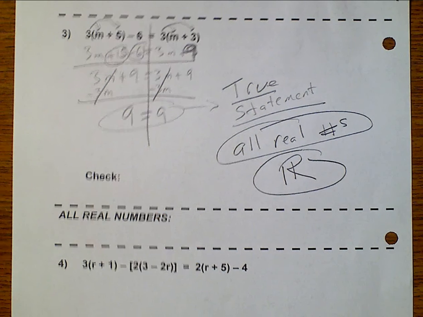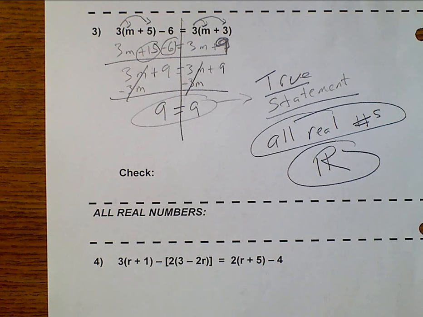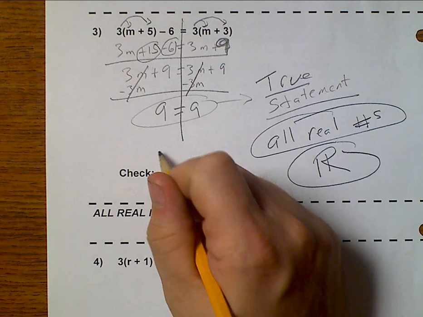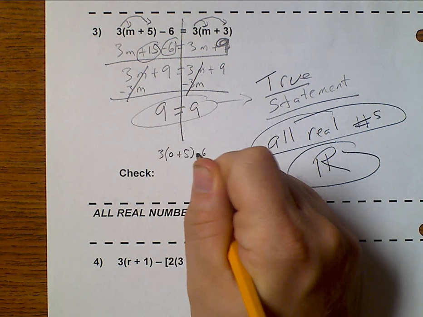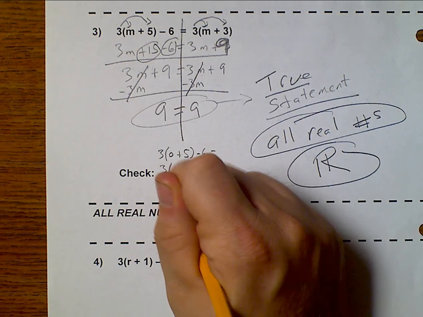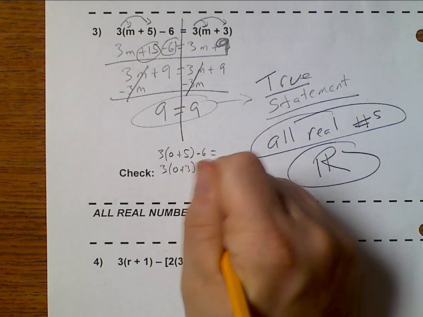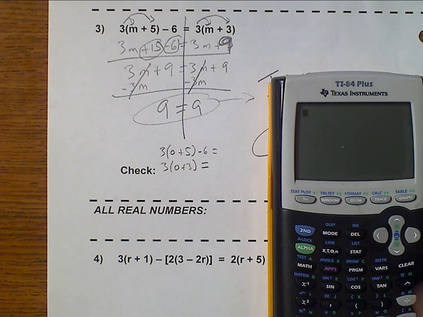Now, checking here, you can actually do. On the other side, when we had no solution, there was no way to check. But we can check here. Just a matter of plugging in different numbers. So 3 times 0 plus 5 minus 6. 3 times 0 plus 3. I like using 0. 0 is an easy number. I could do this in my head, but instead I'm going to choose to do it this way.